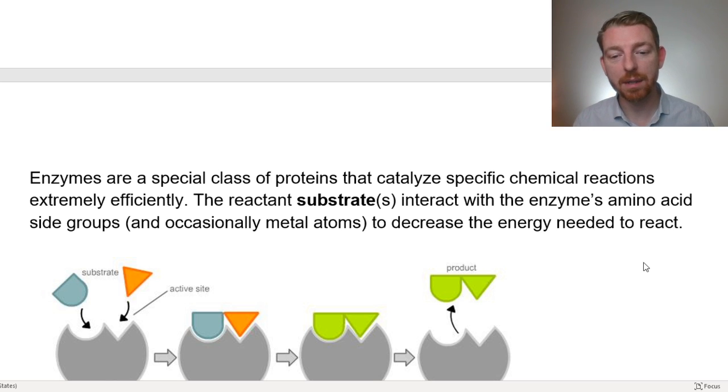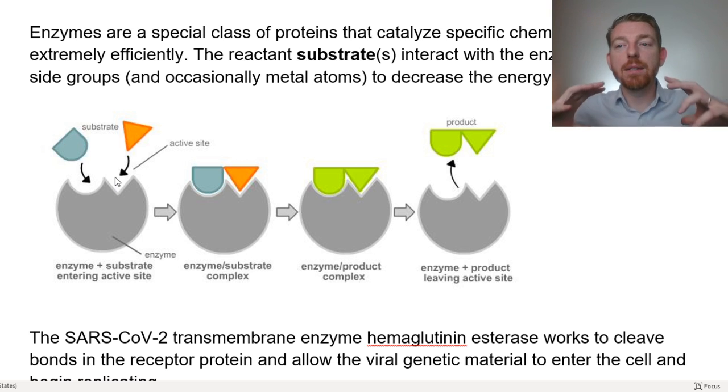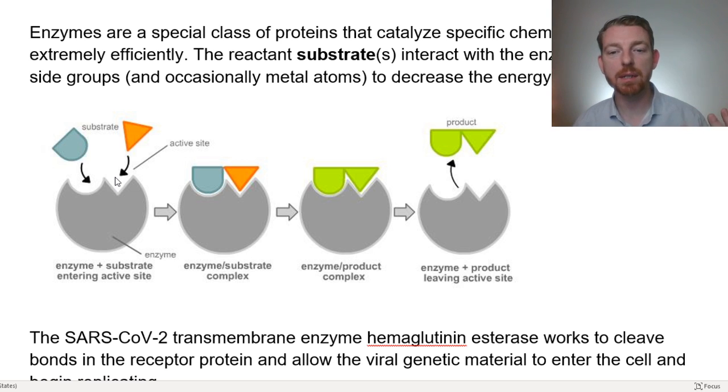This is a very, very simplified version of that, where the substrates, these are the reactants, when we're dealing with enzymes they can also be called substrates, come together. They fit inside an active site quite well, complexing with the enzyme itself. And the enzyme takes away any of the energy barrier, or as much as it possibly can, to make these two substrates react, and then releases the product.